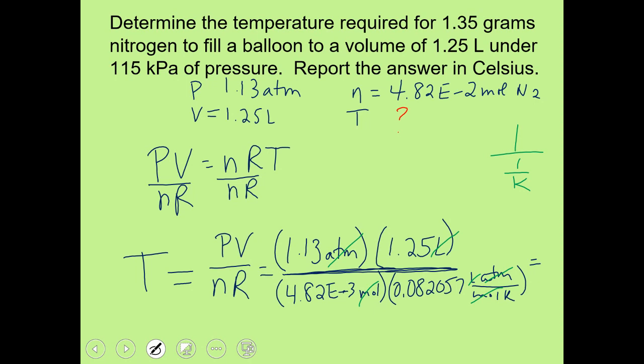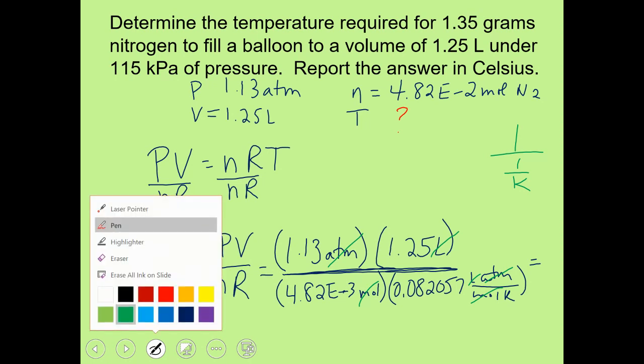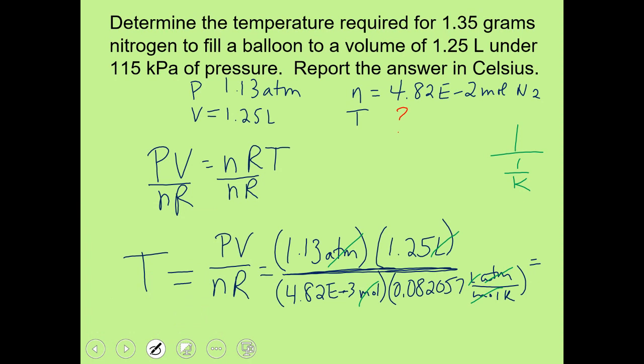So 1.13 times 1.25, divide by the value of R, and divide by the number of moles. Oh, and I had a miscopy there. Did you all see that? You might have. That happens to me sometimes. Apologize. This is supposed to be a -10.